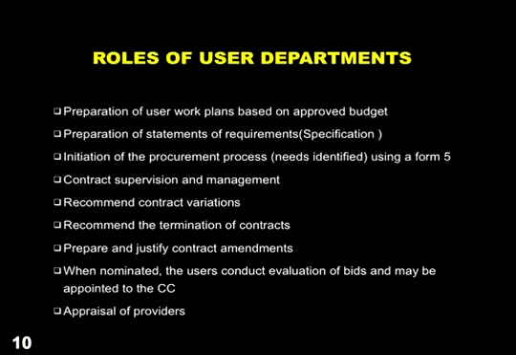Another important role is that it is the user department who recommends variations. In case there are variations that need to be made to the different LPOs or contracts, it is you as a user to make that recommendation to the procurement unit that actually we need to vary the things that we are going to buy.